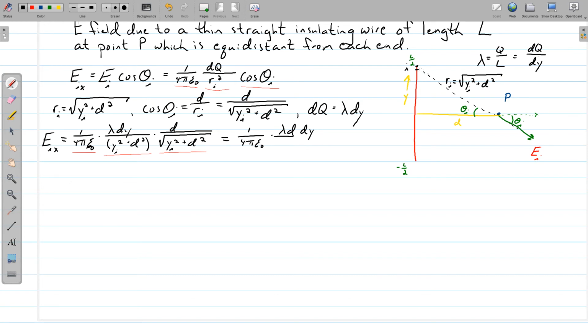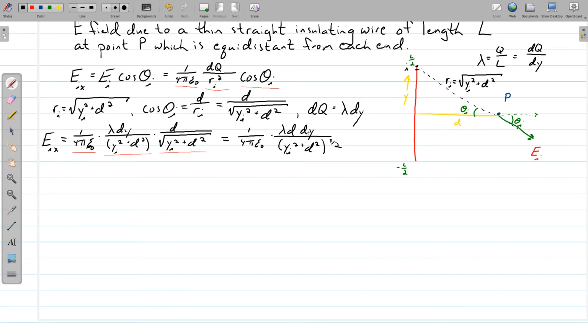And that is all over, on the bottom here, two like bases being multiplied. This is to the 1/2 power, this is to the 1 power. So this is y sub i squared plus d squared to the 3/2 power. So now I have the electric field from that little piece in the x equals this expression.